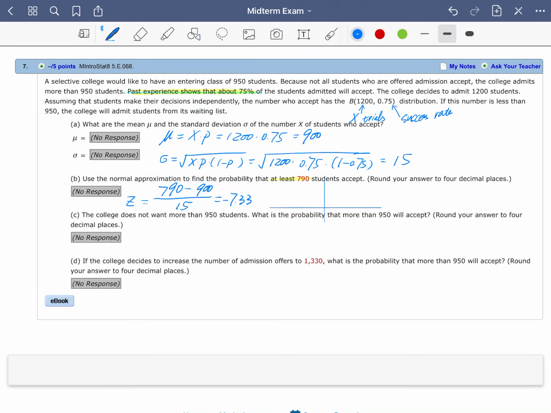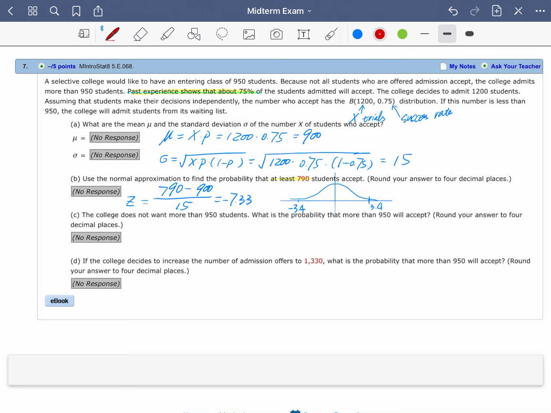If you look at the normal distribution, the highest number in the table is 3.4 something, the lowest you can find is negative 3.4 something.